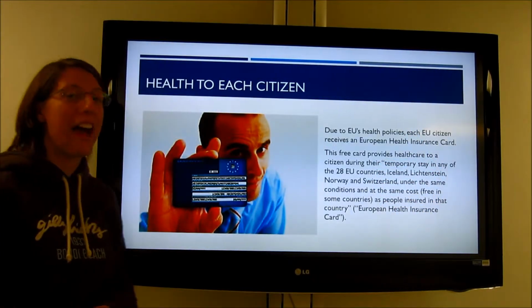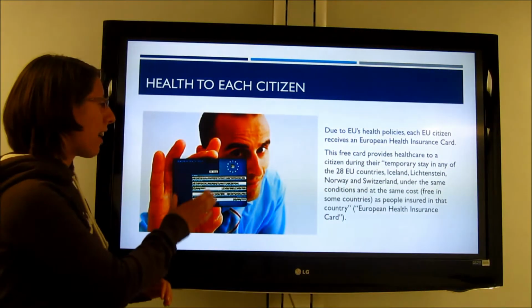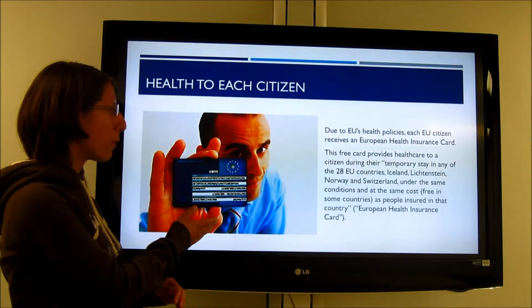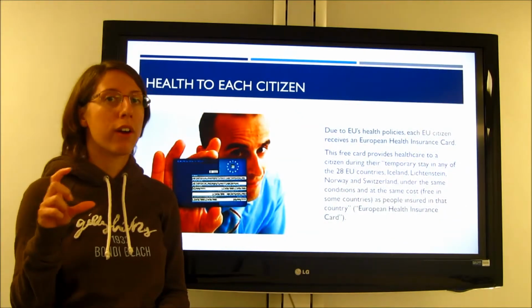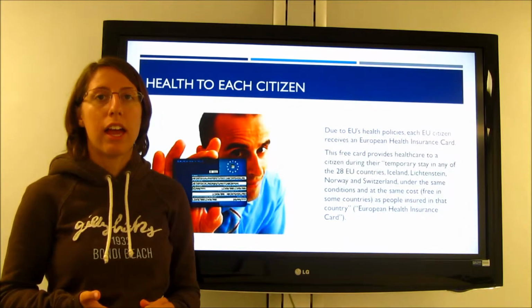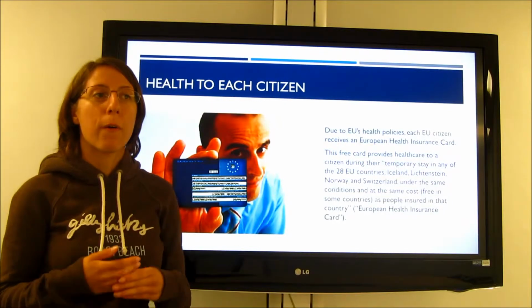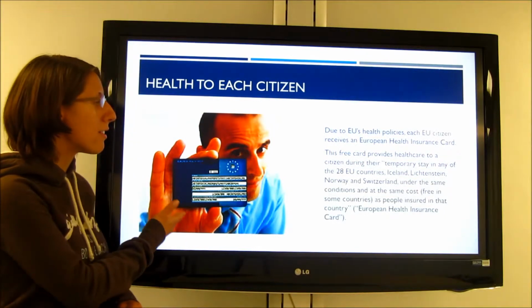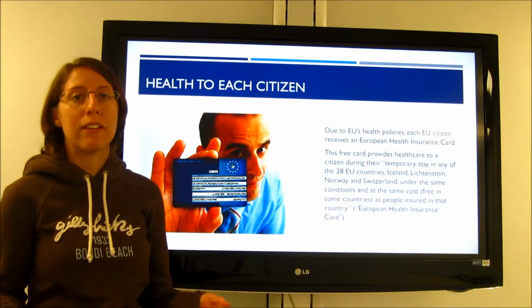Here, and actually I have seen one of these cards in person now here in Scotland, but it's every EU member who has one of these cards, and it's called a European Health Insurance Card. And wherever they are in the EU, if they end up having an accident or falling ill, and they need to go to hospital or get medicine, they can go and use this card and be treated as a citizen of one of the countries that they're currently living at.